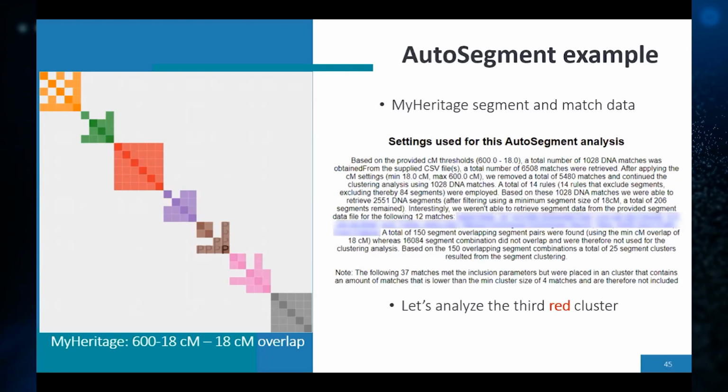You get all kinds of information about how many matches you have in your CSV files, and you upload a DNA match file containing your DNA matches and your segments. There are some other statistics, and let's focus on the third red cluster. That's the cluster that is completely connected.